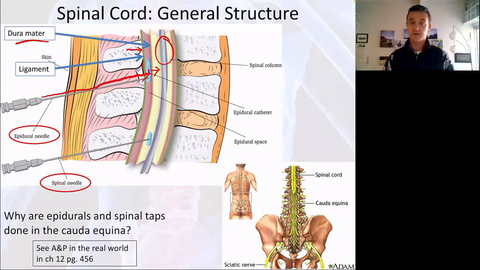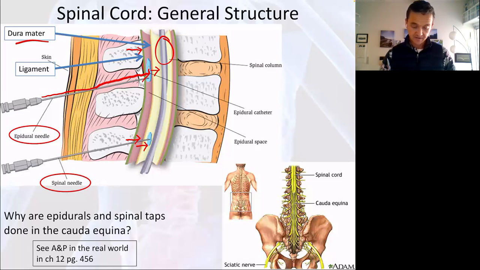Another type of procedure is called a spinal tap. A spinal tap is different. You get all the way in, you push through that ligament layer, but then you also push through the dura mater. You get into where the cerebral spinal fluid is, and you draw some fluid out. That can be used to test for certain things inside of the central nervous system.